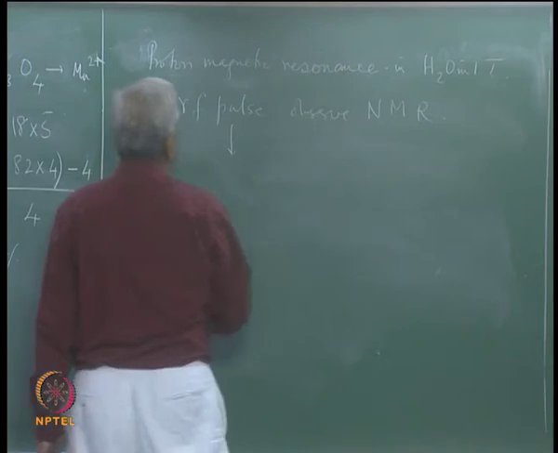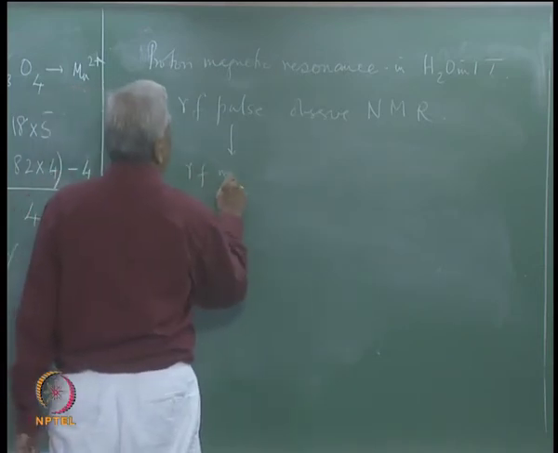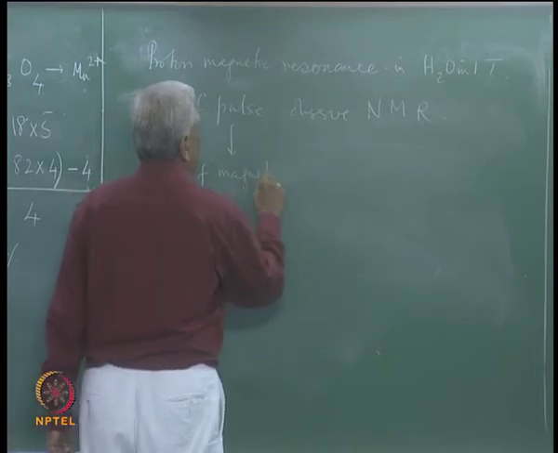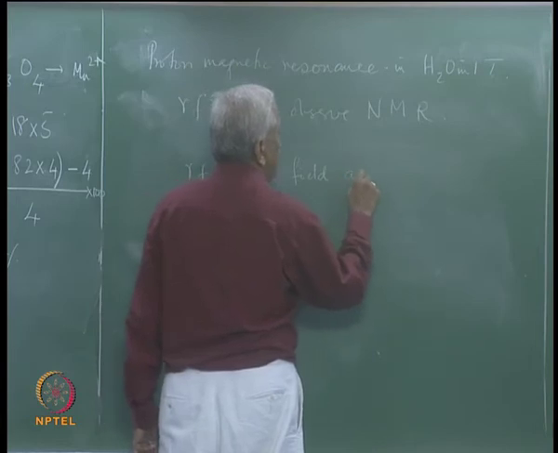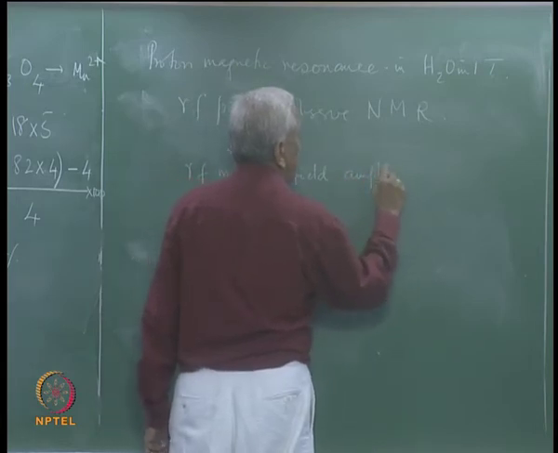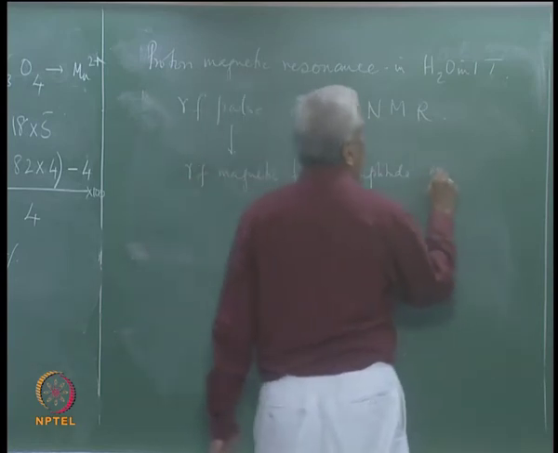The magnetic field associated with this RF pulse has an amplitude of 1 Gauss.